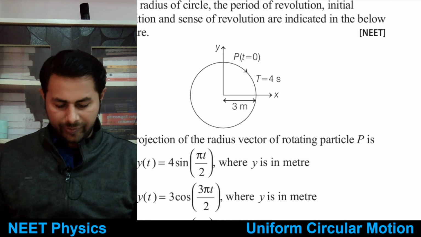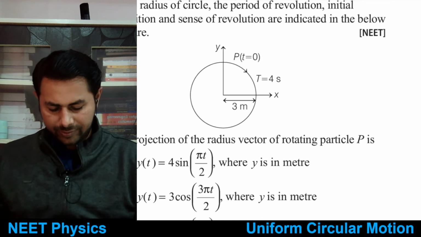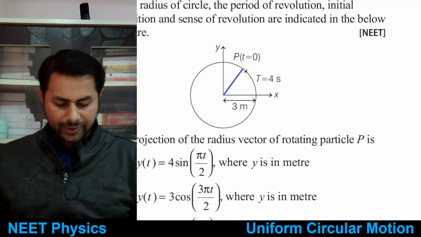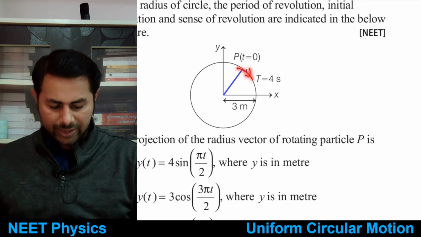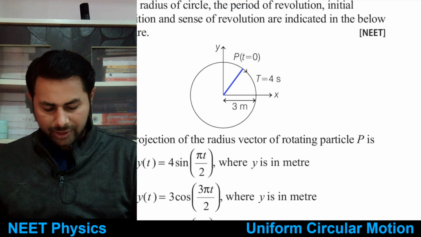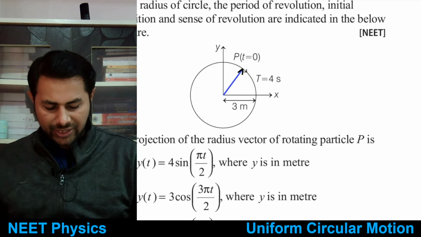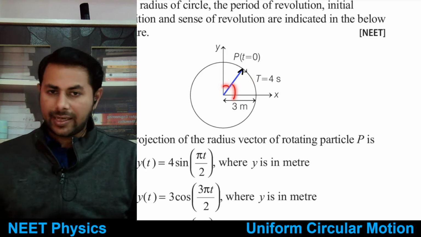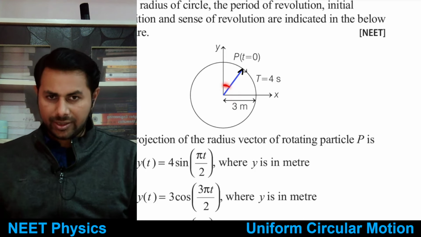See, you have this particle which is revolving in the clockwise sense. It's given here. So suppose this is the position vector. Now which angle will be theta, this angle or this angle? This angle will be theta.